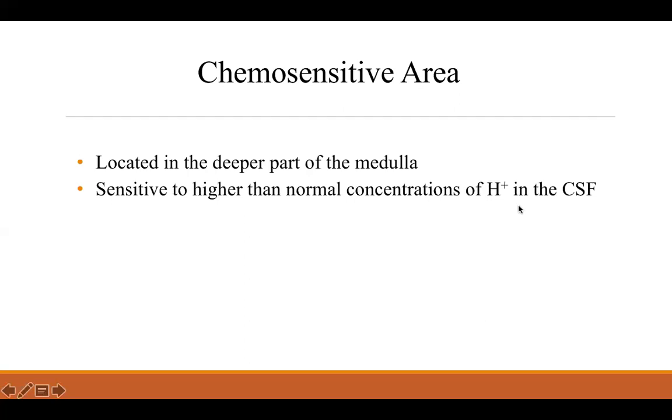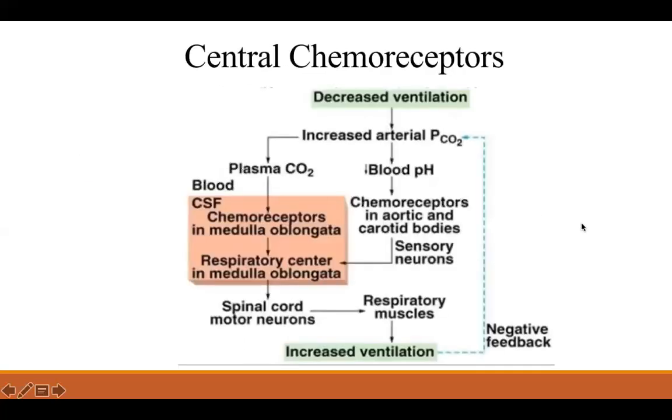They are sensitive to high levels of hydrogen ion in the cerebrospinal fluid. And here is a great depiction of what happens if there is hypoventilation, slower breathing. All right. There is a buildup of CO2. There is a drop in pH. That's because too much CO2 triggers the buildup of hydrogen ions, and then that leads to low pH.